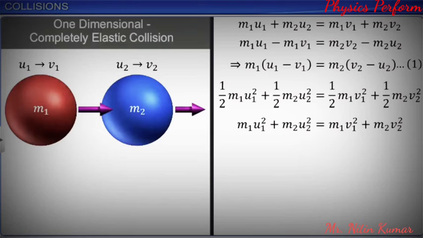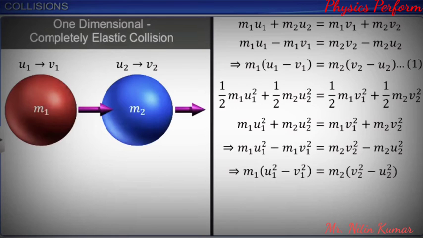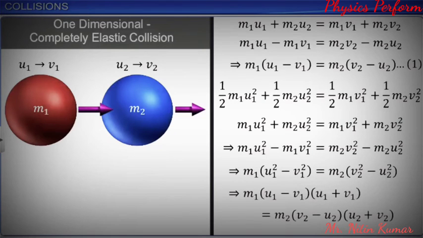On rearranging the terms and simplifying, we get m1(u1² - v1²) = m2(v2² - u2²). On further simplifying, we get m1(u1 - v1)(u1 + v1) = m2(v2 - u2)(u2 + v2). Let this be equation 2.